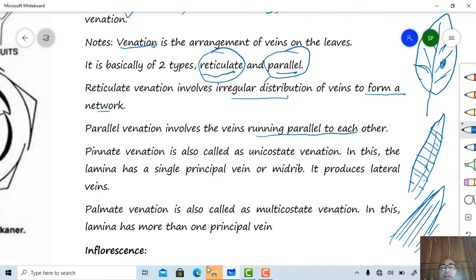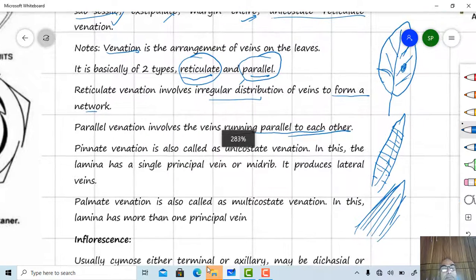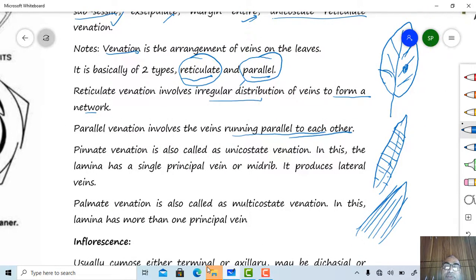So either reticulate or parallel type of venation. In parallel venation, the veins run parallel to each other. Pinnate and palmate, these are the names given to unicostate and multicostate venation. Okay, pinnate venation means unicostate venation, and palmate venation is a multicostate venation.